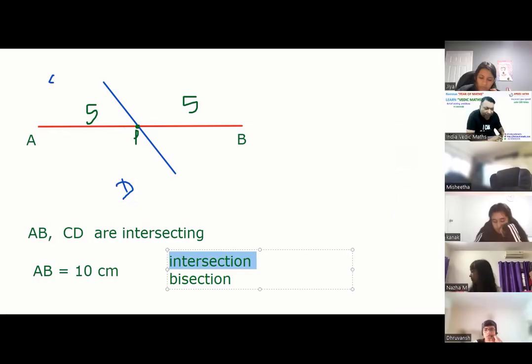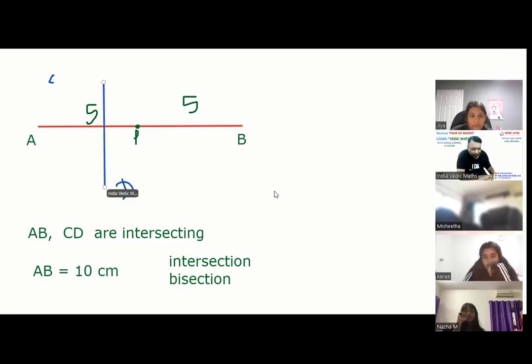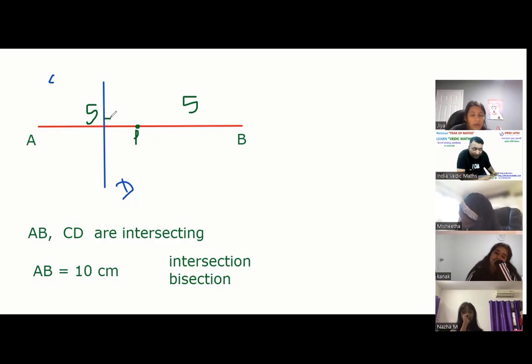So let's check perpendicular and non-perpendicular. For example, if I put this line like this, is it perpendicular or not? It's not perpendicular. If I say this angle is 90 degrees, it is perpendicular, though not a bisection. So perpendicular intersection, right?